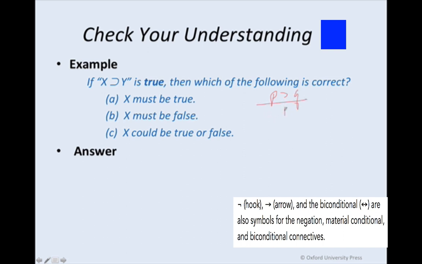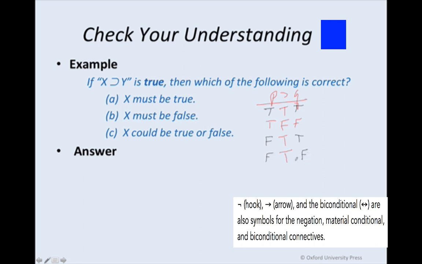We know that there's one situation in which the horseshoe is false, and that's when the antecedent is true and the consequent is false. But there are 3 ways in which the sentence comes out true. If each of the antecedent and consequent are true, if the antecedent is false and the consequent is true, and if each of the antecedent and consequent is false.